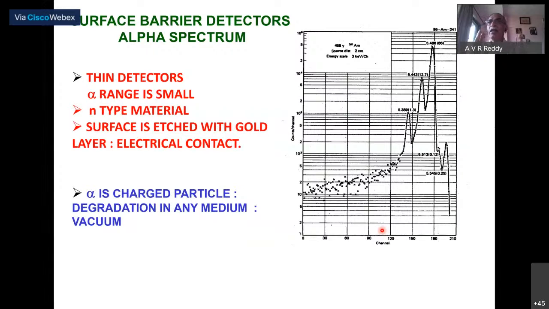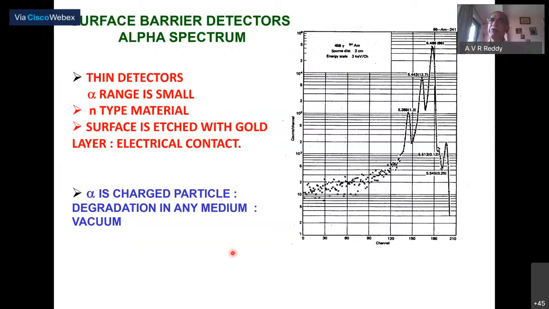And then in the detector, whatever vacuum you create, you won't create absolute vacuum. Some air molecules will still be inside. The collisions with them will also reduce the energy. And when it enters the detector surface, there can be degradation there also because of electrical contact, etc.